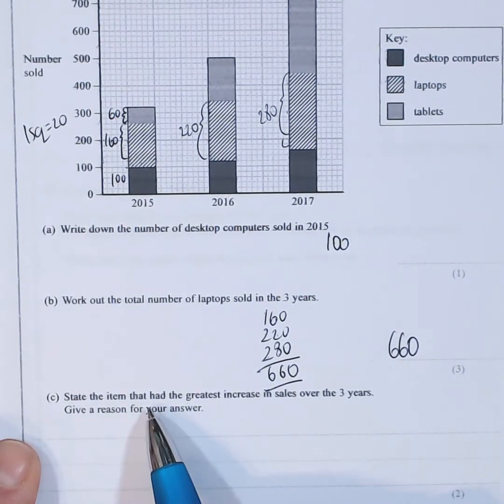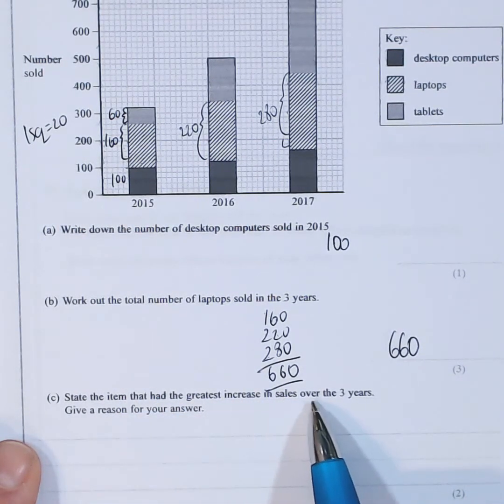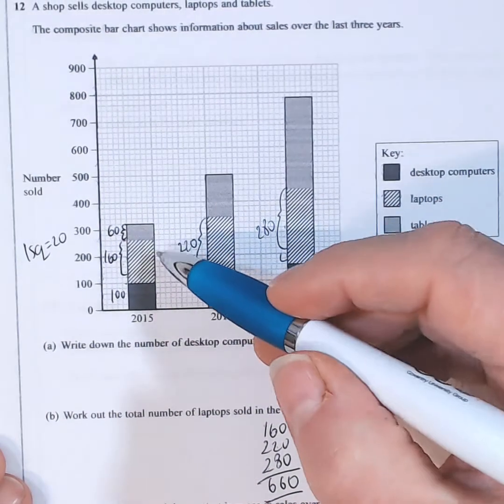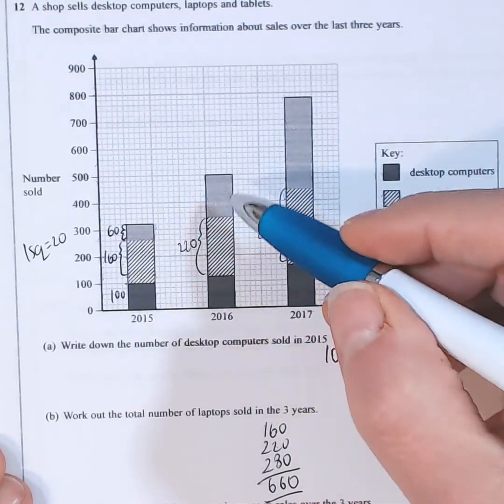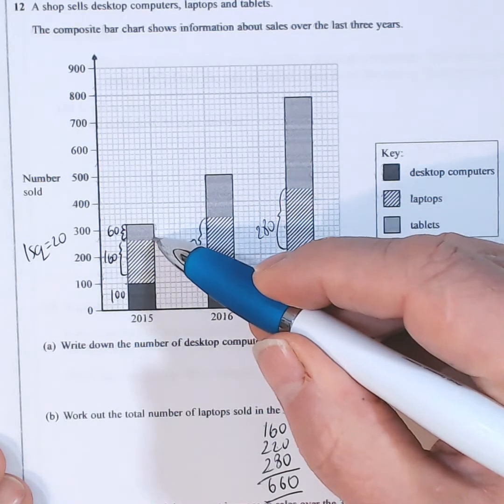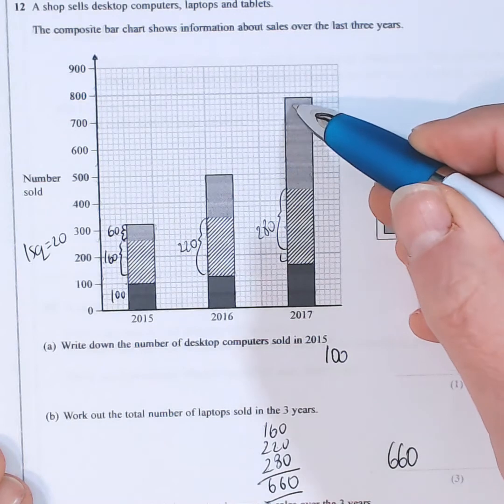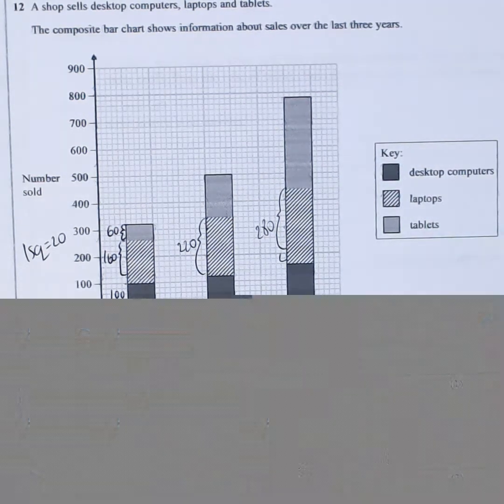State the item that had the greatest increase in sales. Okay, so the greatest increase in sales. Well, we can see here that that was a small amount. So it started from 60, and then the bar went even wider, and the bar went even wider still. So it's going to be tablets.